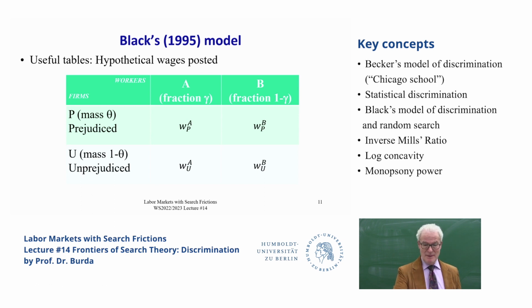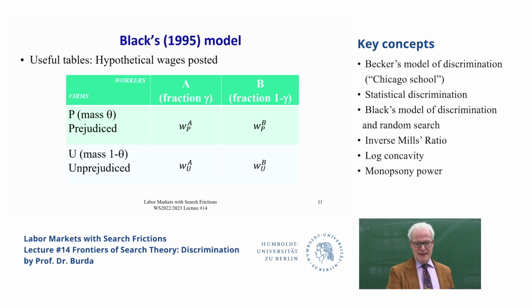So there'll only be one wage offer by the prejudiced firms, and it'll be for those workers that are A. Upon the interview, they can tell right away it's an A worker versus a B, and they're prejudiced. So that's the discriminating offer. And the unprejudiced firms, in principle, could offer two different wages.